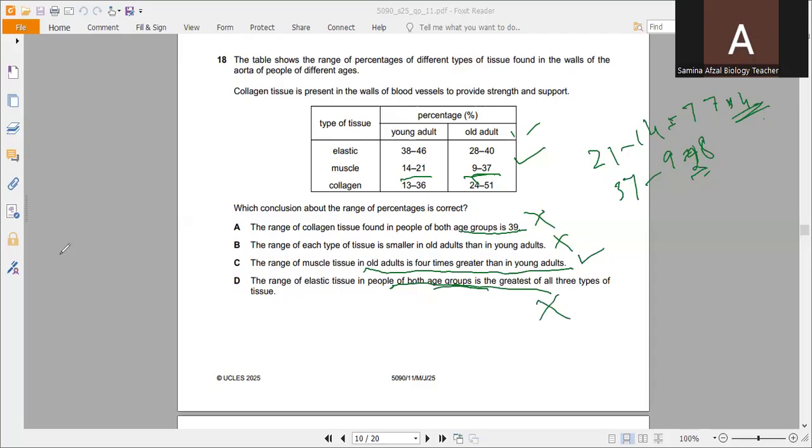So D is not the correct option, because the elastic range in young is 8 and in old it is 12. So they don't have the same range. So C is the correct option in this question.